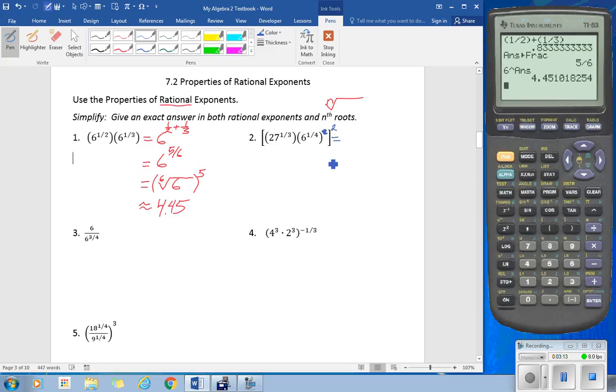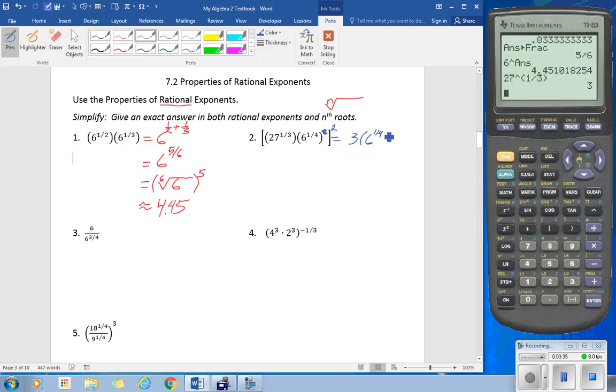And it looks like the cubed root of 27, so 27 to the 1/3 power, is just 3. Okay, so I recognize that as being a perfect cube, and for the 1/3 power, remember, it just means the cubed root, so that actually equals just 3. And then we're going to multiply that with 6 to the 1/4, which not a lot of simplifying we can do there.